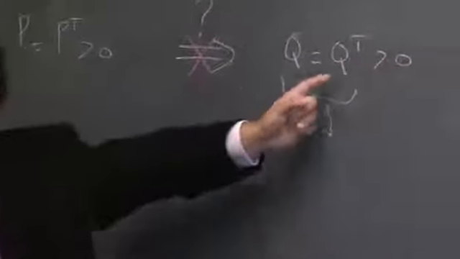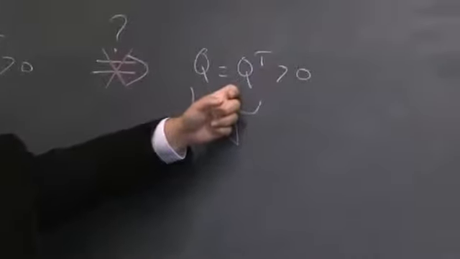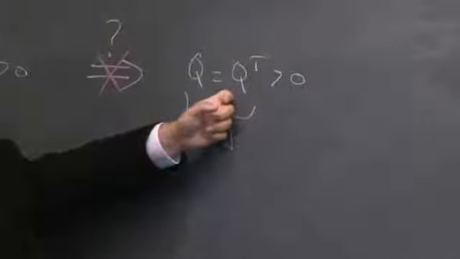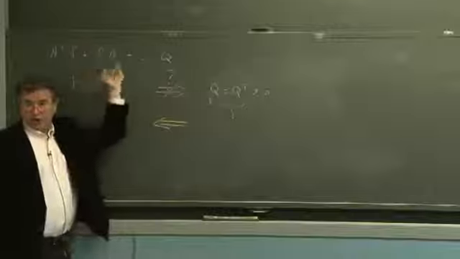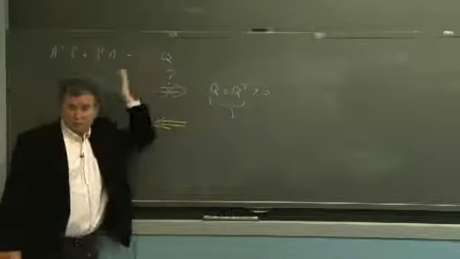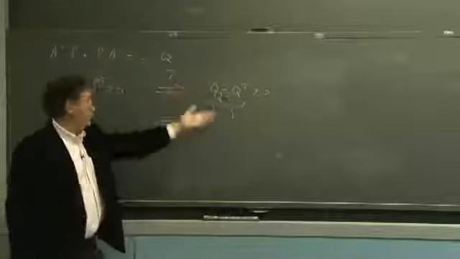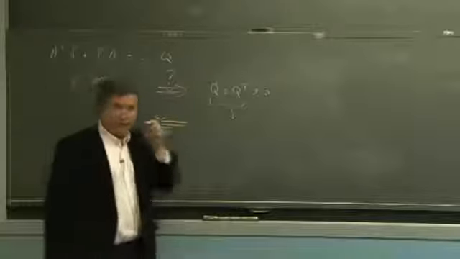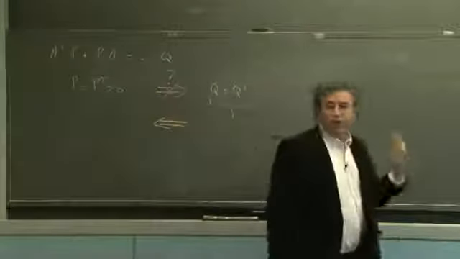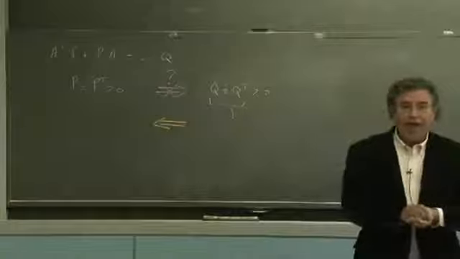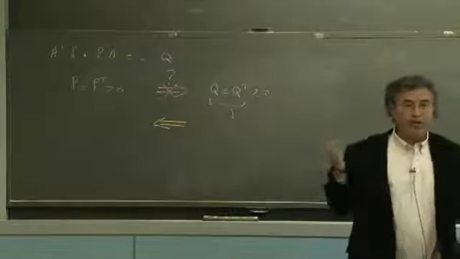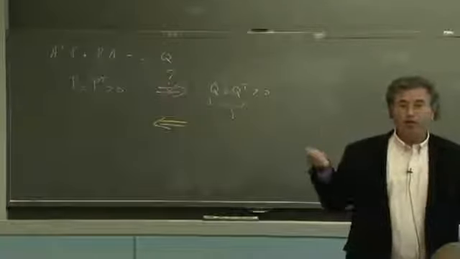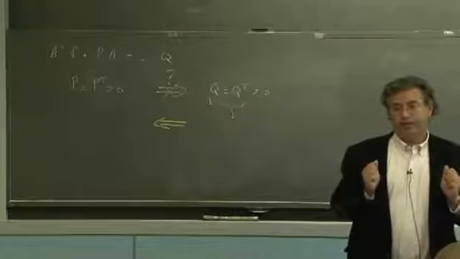If you start with a symmetric positive definite matrix Q, then you can solve this equation. Of course, it's more complicated than just computing Q from P, but this equation has a unique solution. And if the system x dot equals Ax is strictly stable, this unique solution P will be positive definite.